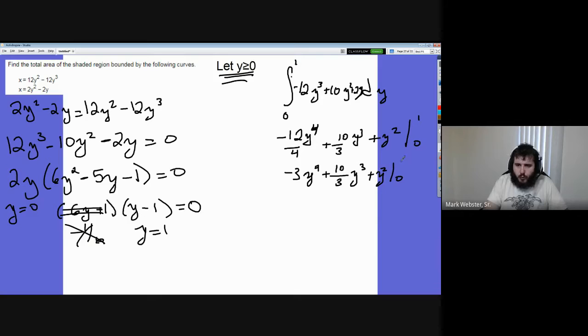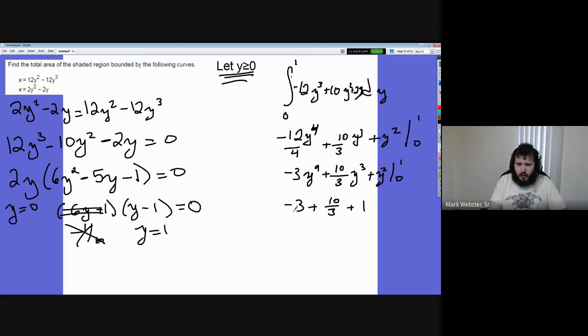And again, one of the great things here is I'm plugging in 0. All these are going to 0 out. So the only thing I have to worry about is the 1, right? So I do this 1, 1, 1. So whatever that is, right? Looks like it's 1 and 1/3, right?